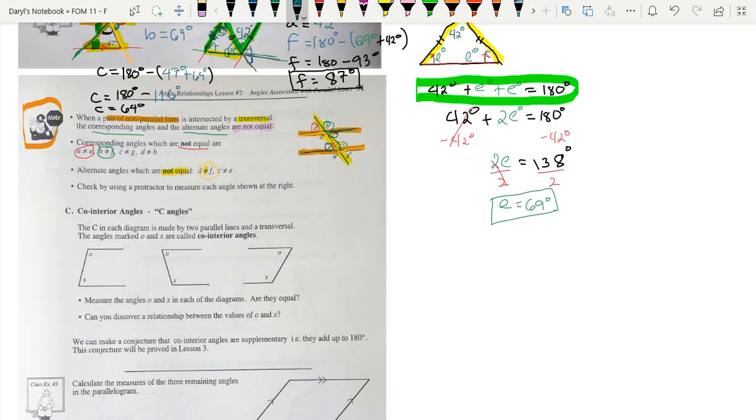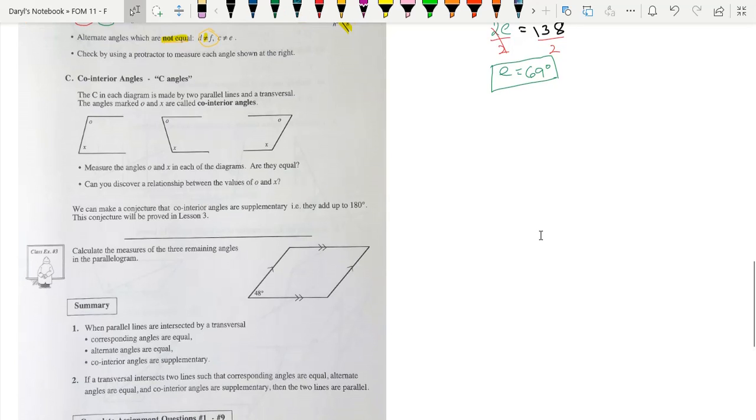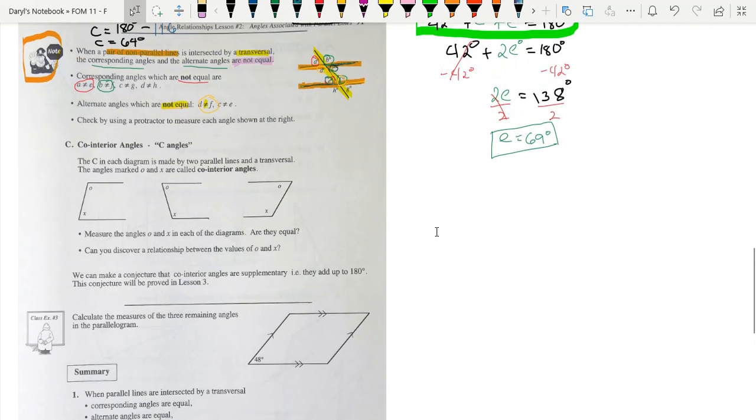Okay, so let's take another angle relationship. This time we have the co-interior angles.